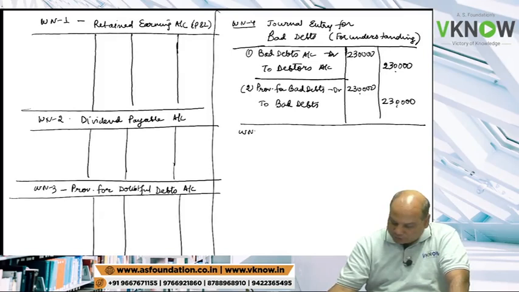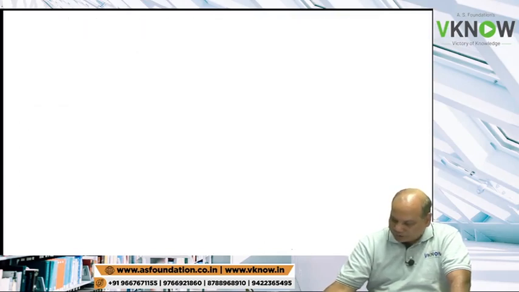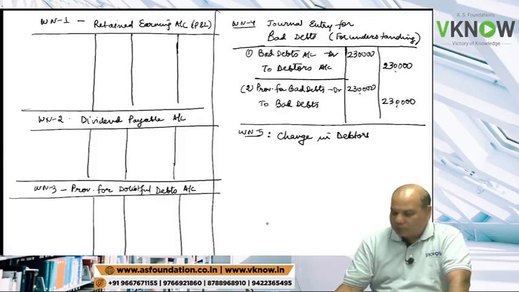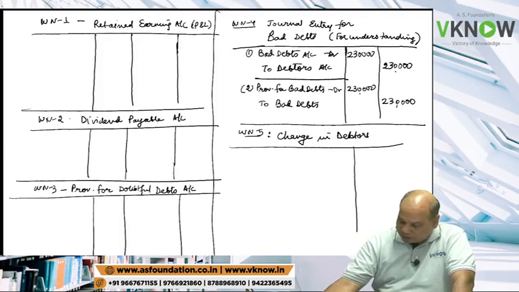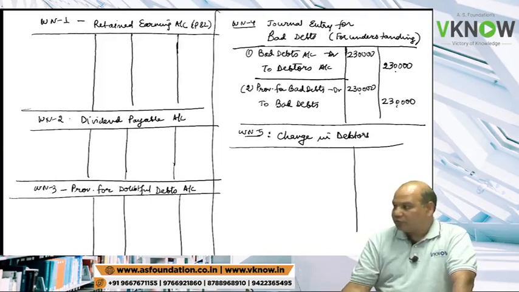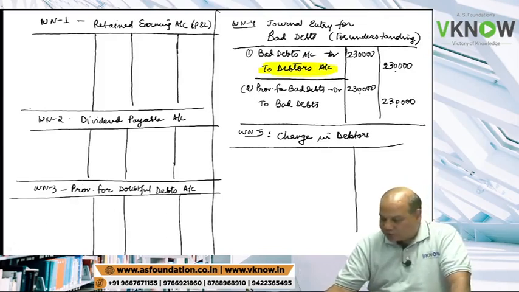And working note 5, write down change in debtors, because this time the debtor account has an adjustment. So I need to adjust for this bad debt while calculating the change.